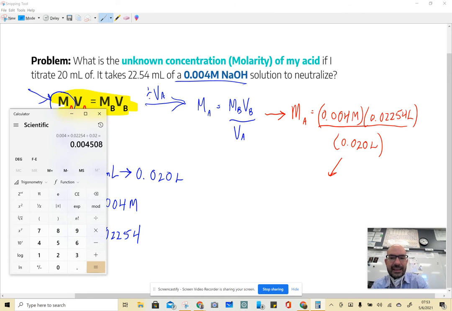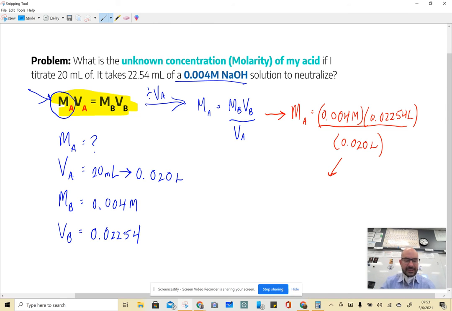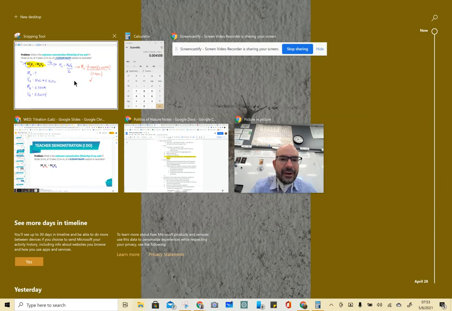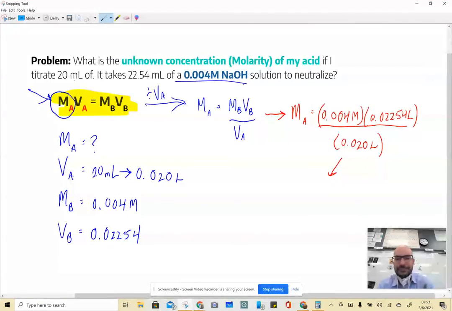And I get my molarity of my acid is 0.0045. Don't forget the units, that's molarity, and that's the molarity of the acid.